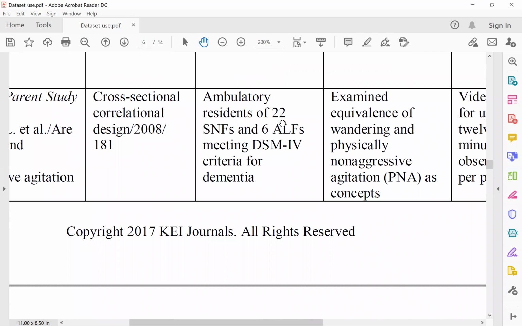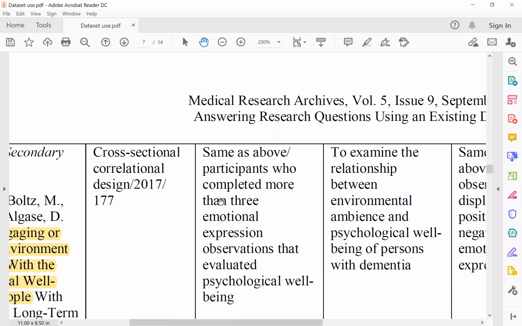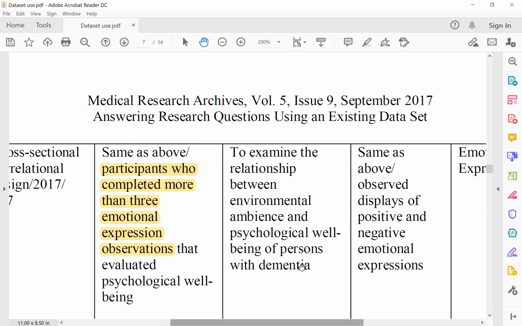So they tested ambulatory residents of 22 SNFs and 6 ALFs meeting DSM-4 criteria for dementia. In the secondary analysis, same as above, participants who completed more than 3 emotional expression observations that evaluated psychological well-being.